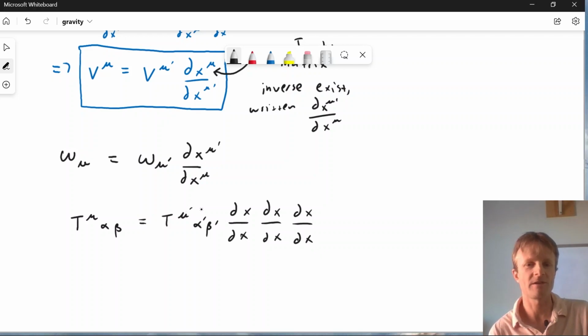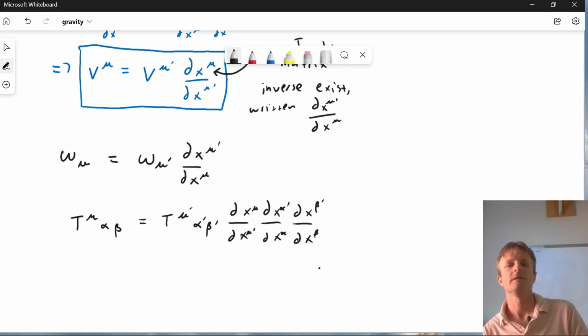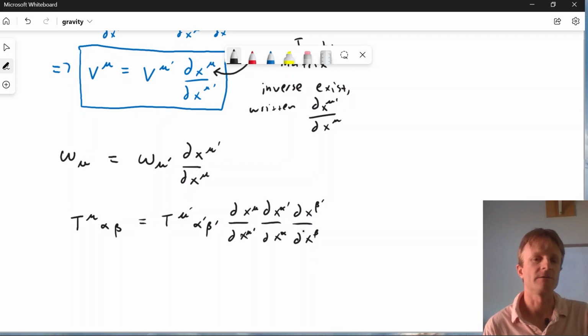So I got an upstairs mu prime. I better put one down. And then here there'll be a mu to match that mu on the left. I've got a downstairs alpha prime, so I better put one up. And there'll be an alpha down to match the alpha on the left. And I've got a downstairs beta prime, so I better put one up. And put the beta down to match the beta on the left.